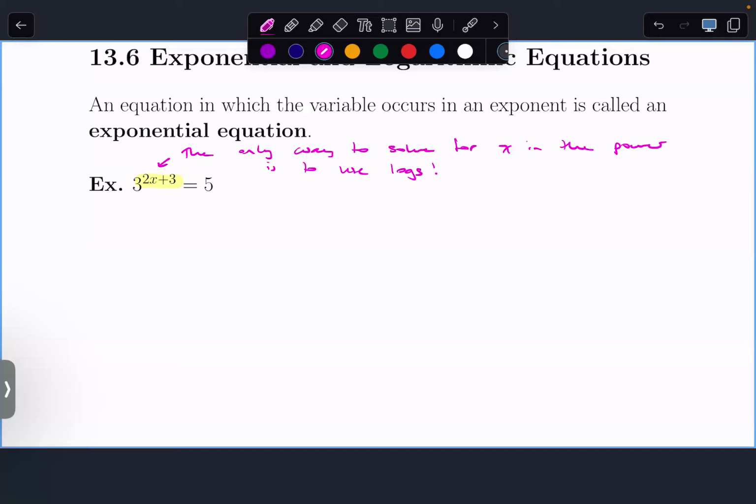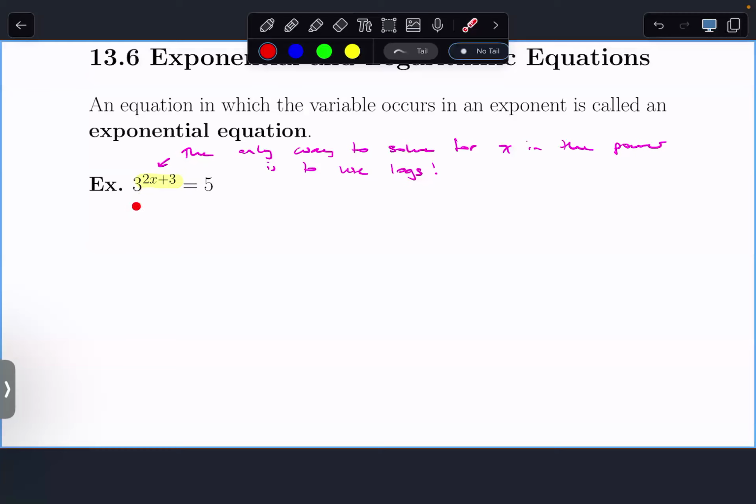So what log? It doesn't actually matter. What's the easiest log to use? Log base 3, because we've got that cancellation property. Nice. So I've got a base of 3 here.